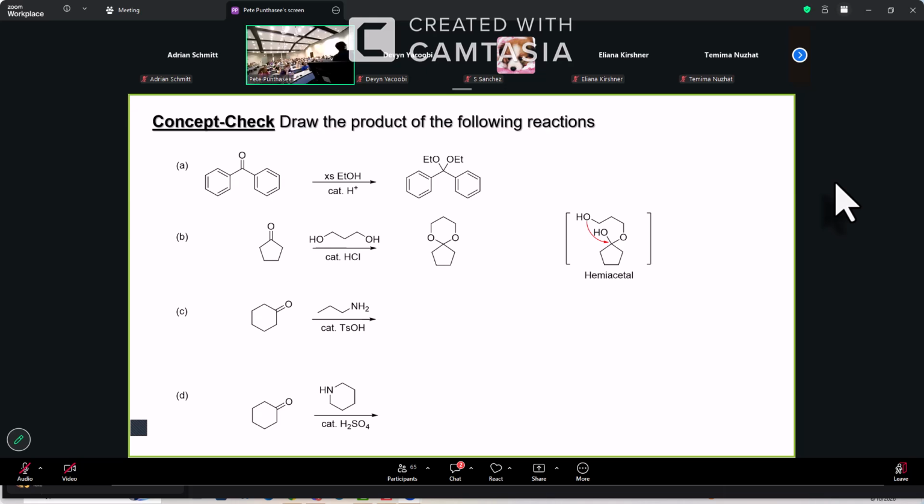Next one down. Nitrogen nucleophile. Look at this one. Primary, secondary amines. Primary, we make an imine, right? This one we make an imine. An imine has a carbon-nitrogen double bond. Are you following? Okay. With the first nitrogen attack, can you visualize the intermediate? What's on the intermediate?